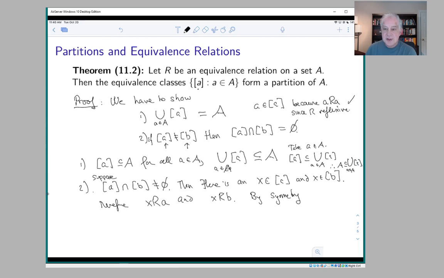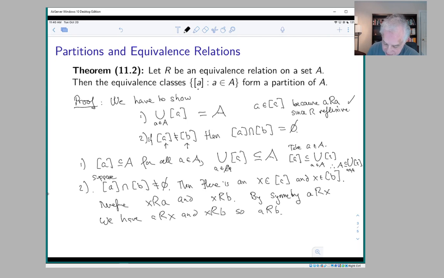Now we're going to use symmetry and transitivity. Since x is related to a, by symmetry a is related to x. And now we have a related to x and x related to b, so we must have a related to b.